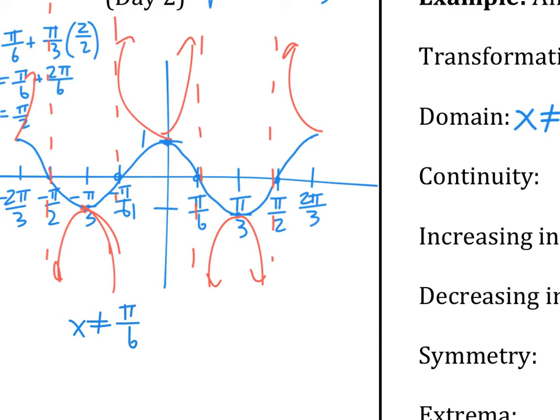How far is pi over 2 from pi over 6? Pi over 3? Yes, it is pi over 3. But I'm going to tell you a faster way. What is the period of my graph? 2 pi over 3. Within 2 pi over 3, how many times did I draw my asymptote?